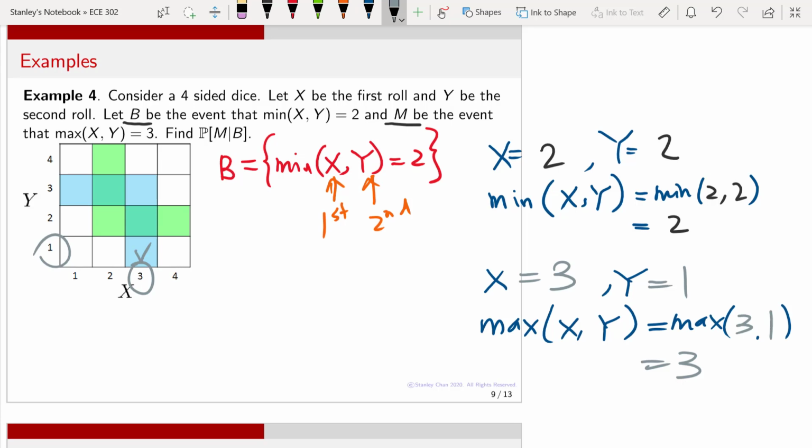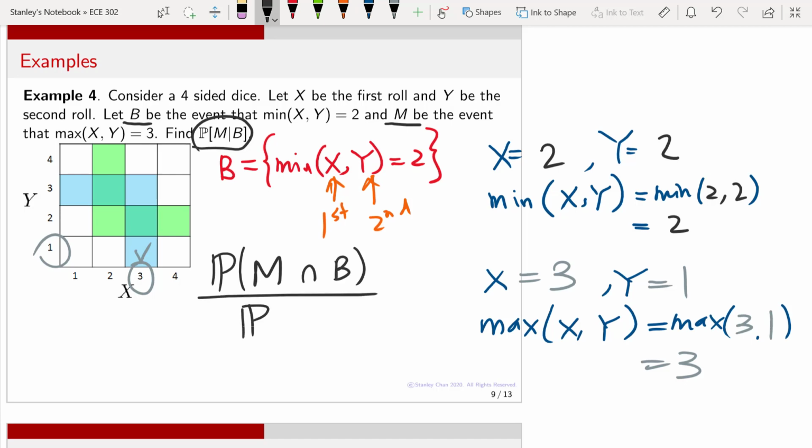And so to calculate this probability of M given B, we just need to find the intersection of M and B divided by the probability of B, because this is really the definition of the conditional probability. So what is the probability of M intersect with B? Well, M intersect with B would clearly be here and here.